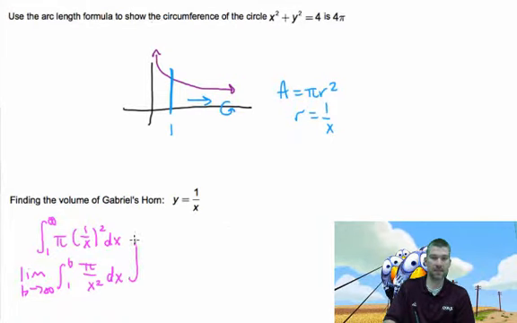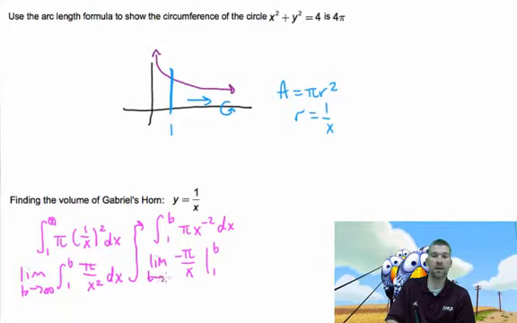So this is like saying that we're integrating from 1 to b, pi times x to the negative 2. So when I integrate that, I add 1 and divide by that new number. That's going to get me negative pi over x. And we're going to evaluate this from 1 to b, and we're going to take the limit as b goes to infinity.